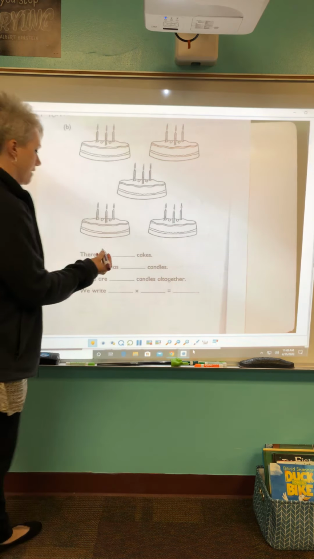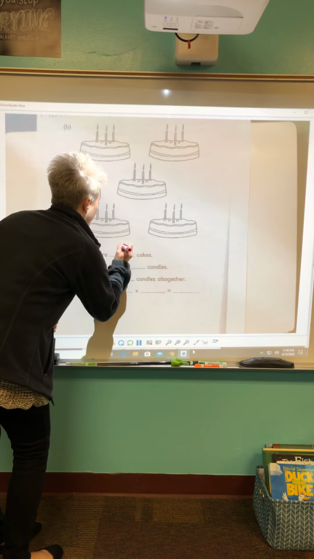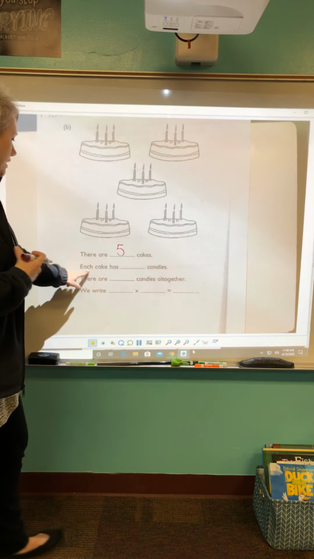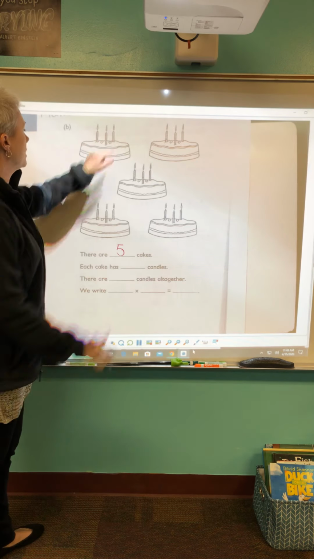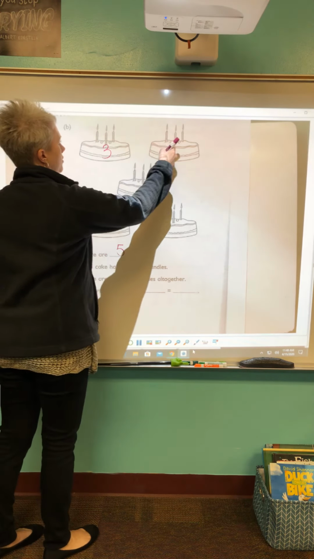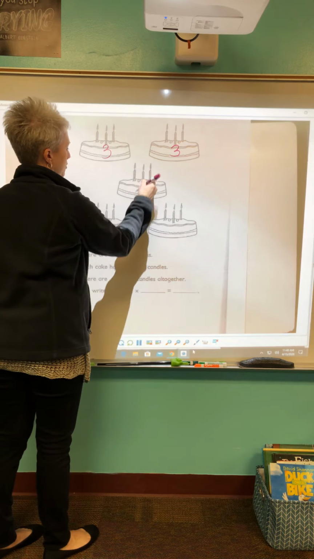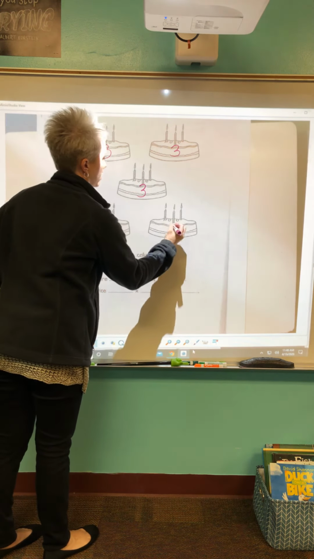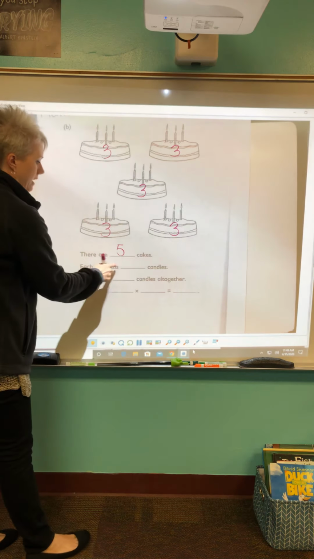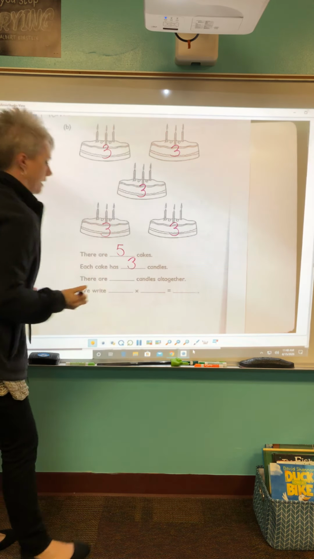There are 5 cakes. Okay? Each cake has blank candles. Let's count our candles. 1, 2, 3. Each cake has 3 candles.